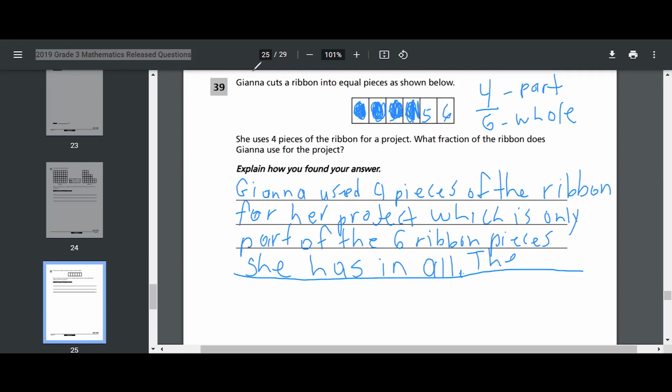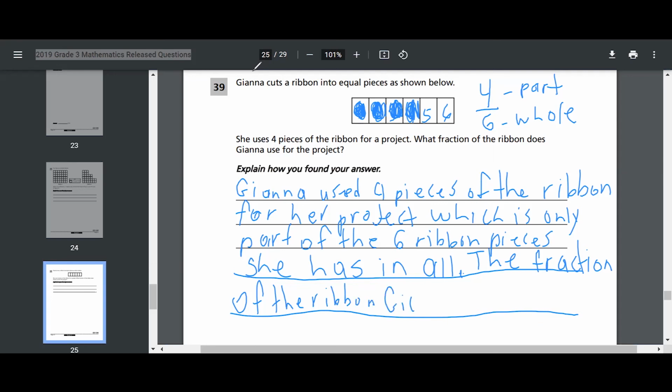The fraction of the ribbon Gianna uses is 4/6.